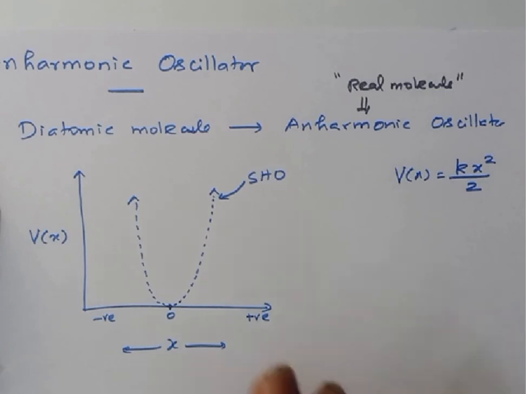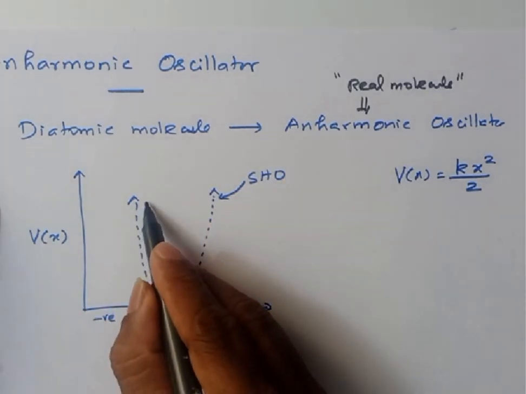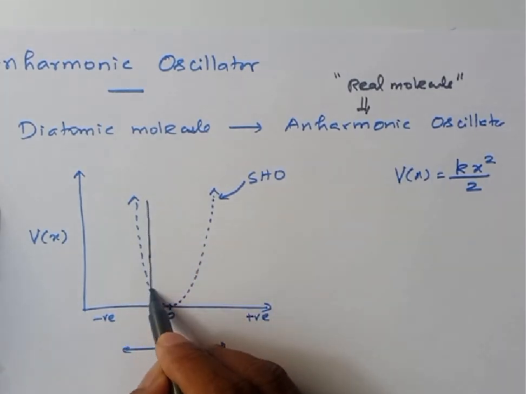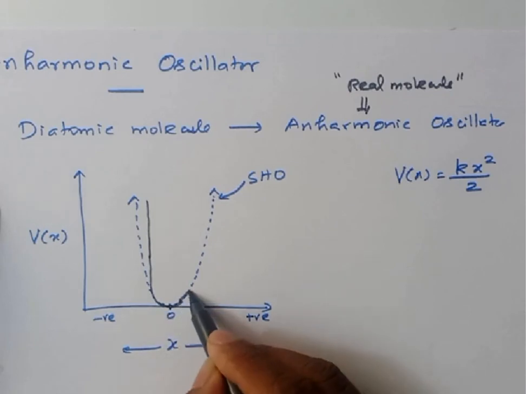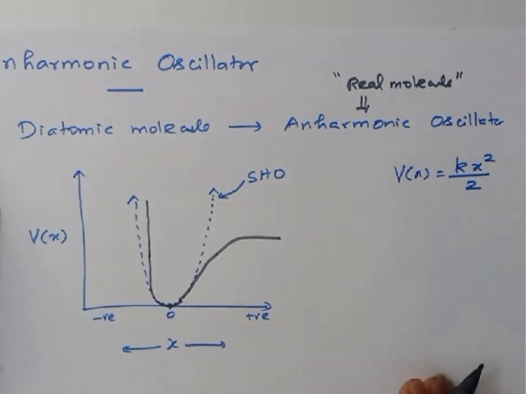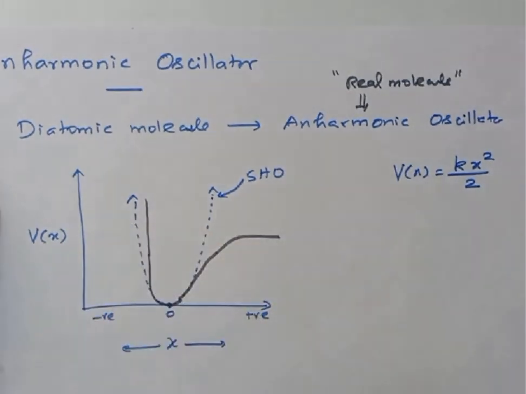In the case of anharmonic oscillators, the potential energy function will appear something like this. It is not parabolic. What is actually happening?